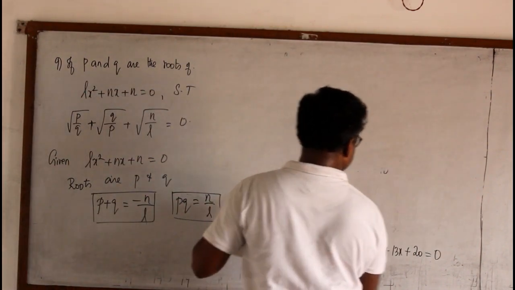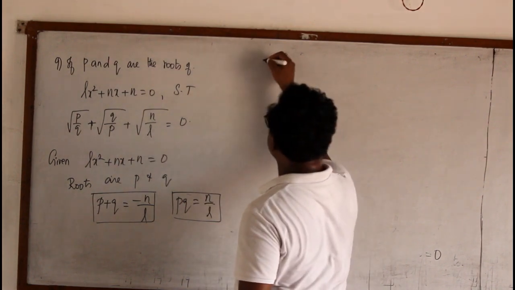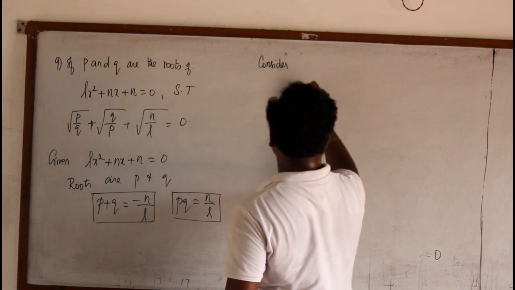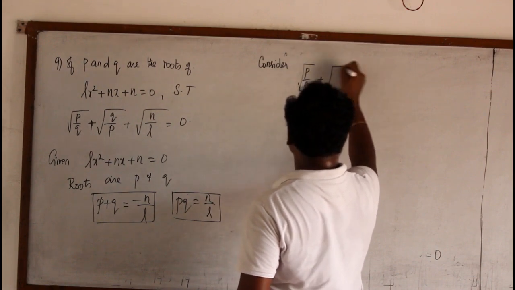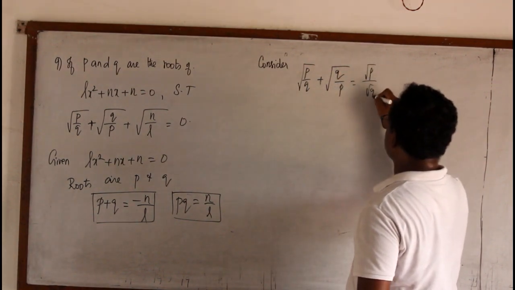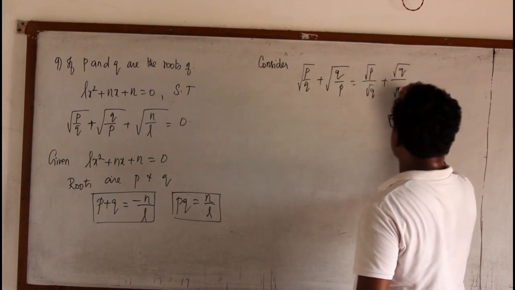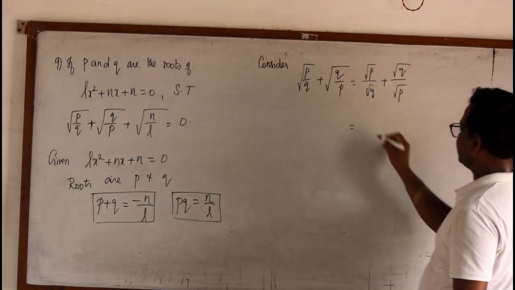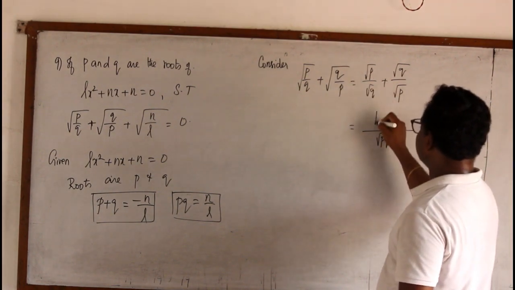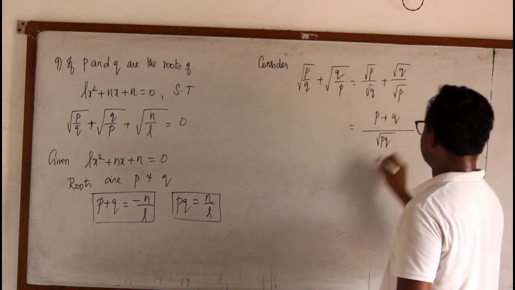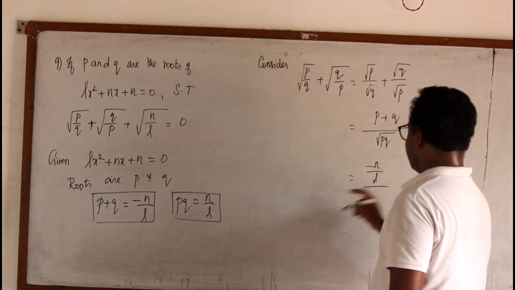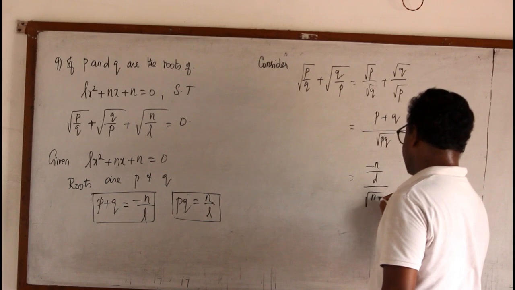Now, I have to find the sum of these three. So let me consider root of P/Q plus root of Q/P. We can write this as root P/root Q plus root Q/root P. Then taking the LCM, it is root of PQ in the denominator. Root P into root P is P, root Q into root Q is Q. We have the value for P + Q as -N/L, and for root of PQ it is root of N/L.